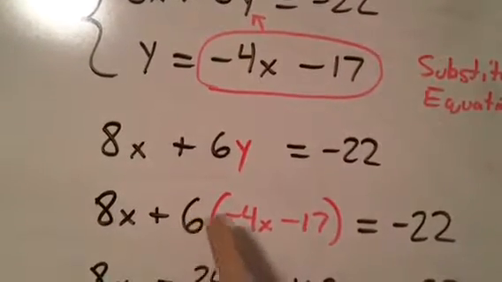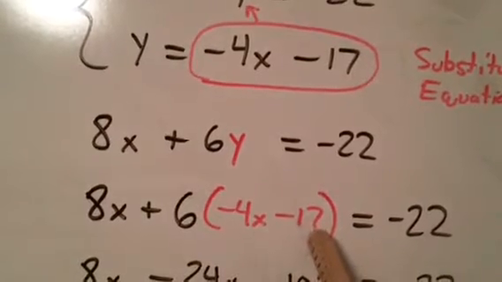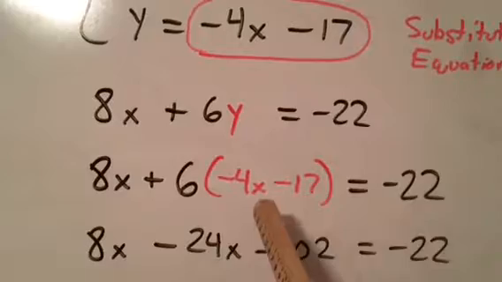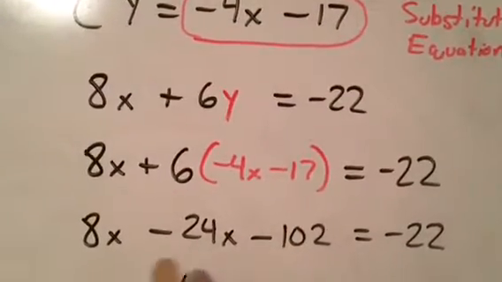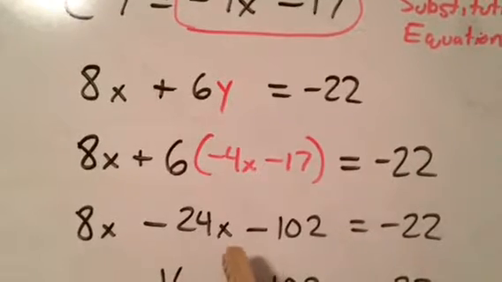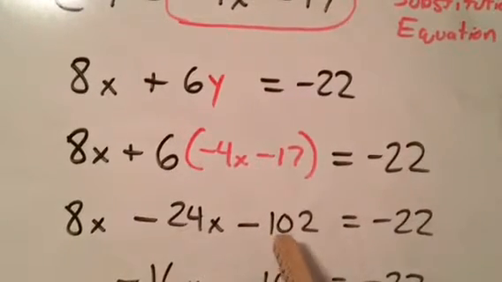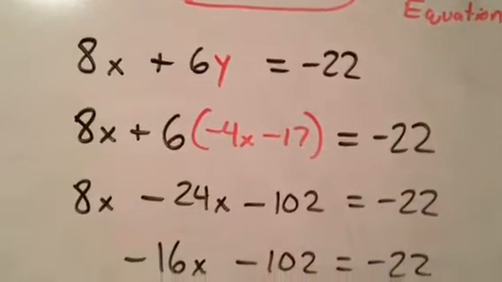And now the 6 is being multiplied by everything here that represents y. We will distribute the 6 by multiplying 6 times negative 4x, 6 times negative 17. That will give me 8x minus 24x minus 102 equals negative 22.